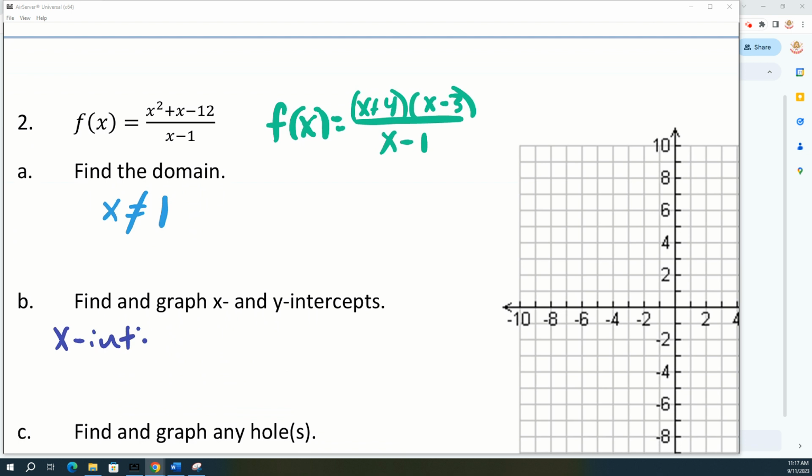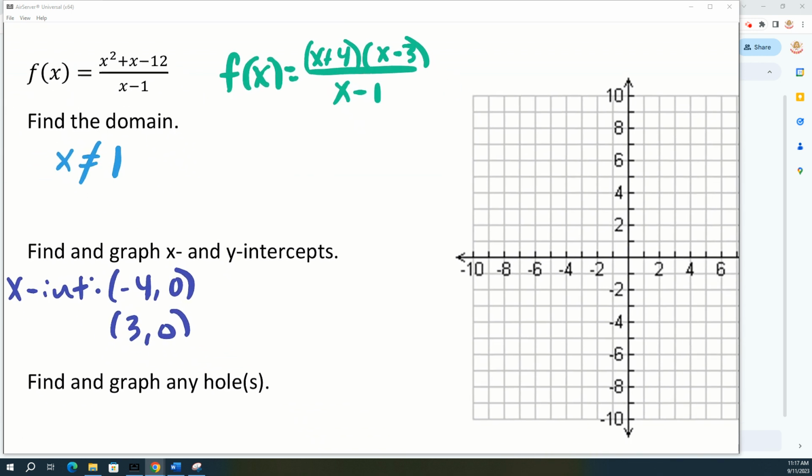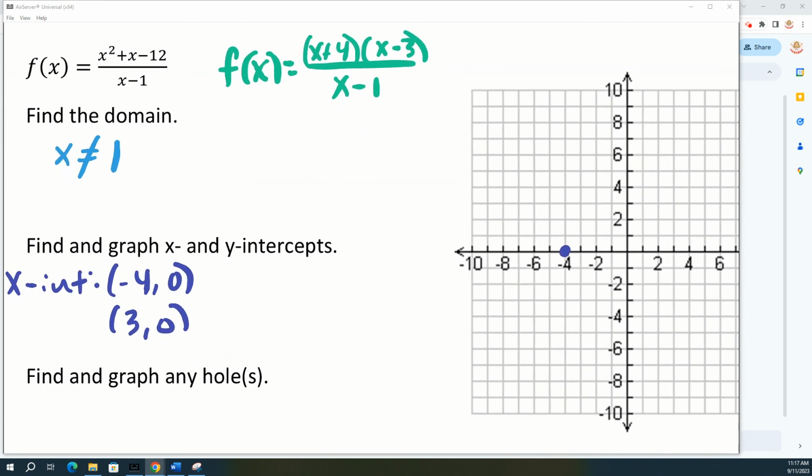This one doesn't have any common factors, so both of those factors on the numerator are going to give us x-intercepts at -4 and at 3. So I'm going to go ahead and graph those. And then for the y-intercept, I'm going to put in 0, and that's going to give me 12, so I have to extend my y-axis just a little bit.